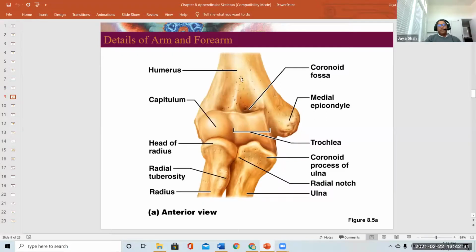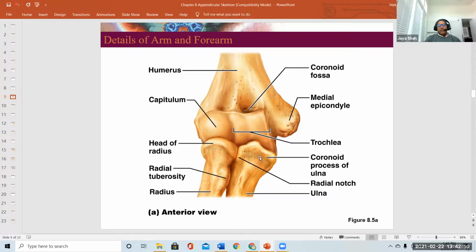So you see here, this is the humerus. This capitulum is the smooth surface which articulates with the radius and ulna below. So this is capitulum. Here is trochlea. And above the capitulum, you have coronoid fossa.